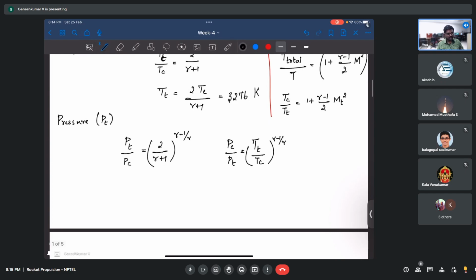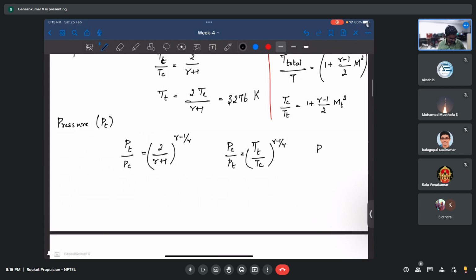You can calculate it and you know that pressure is going to decrease. If you get an increase in pressure, then you need to flip it. It's a simple trick. It's an adiabatic relation, right? P times T to the power gamma is equal to constant, right?